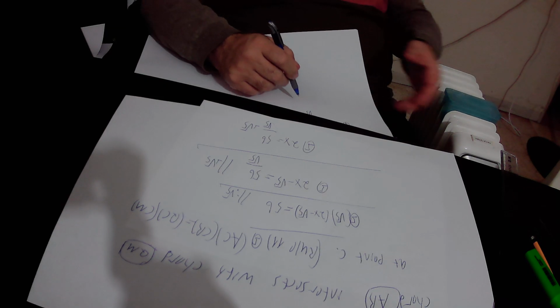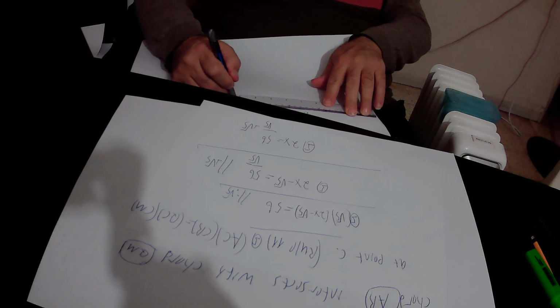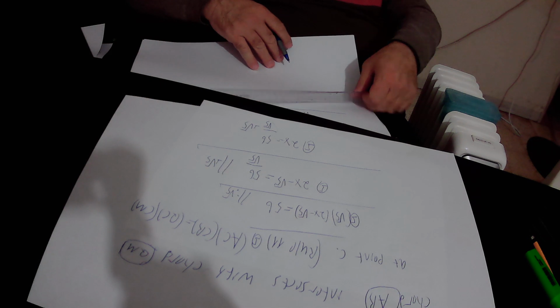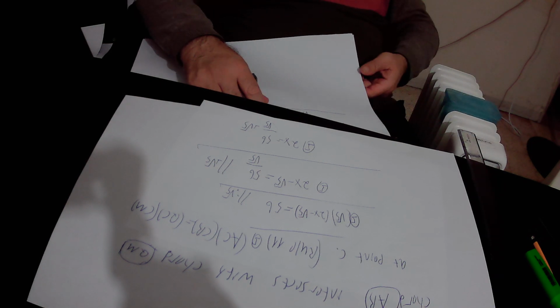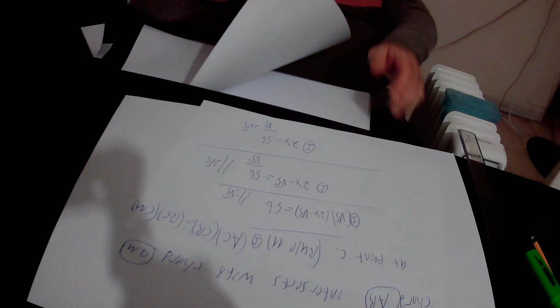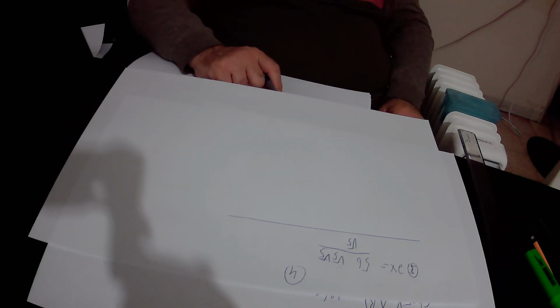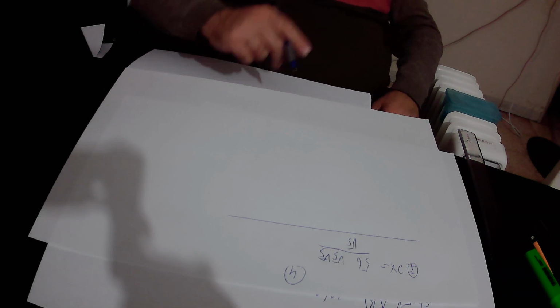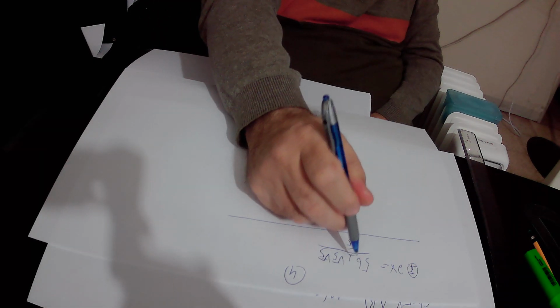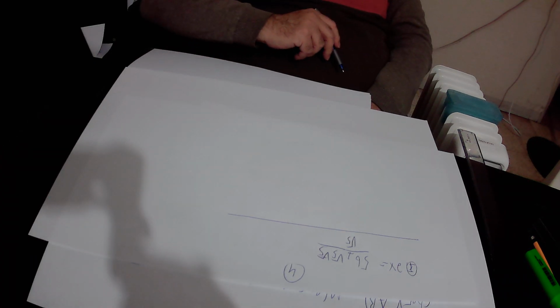So in conclusion, we found out that according to equation number 1, 2x equals 5b plus square root of 5 times square root of 5 over square root of 5.